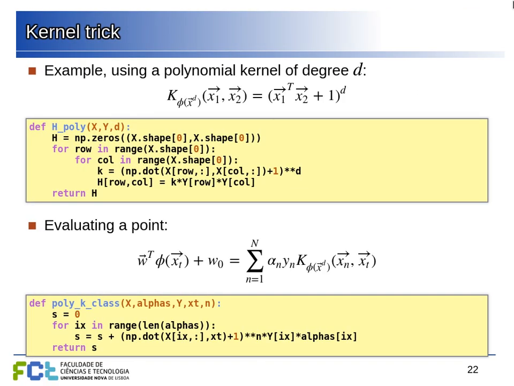So let's see an example here. Let's suppose that we have this polynomial expansion to degree d. We just use this expression here. We compute the inner product and raise it to the power of d after adding 1. And this is what we do to compute the new H matrix.